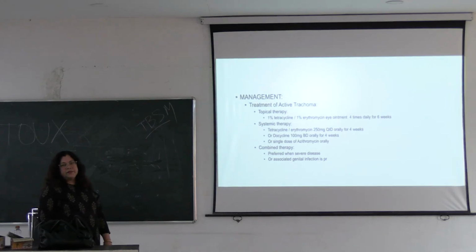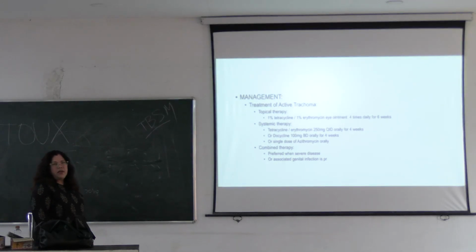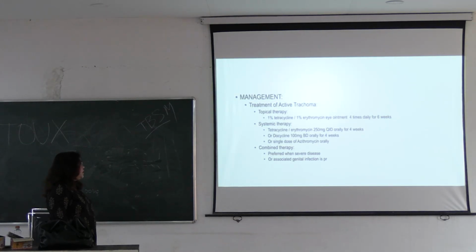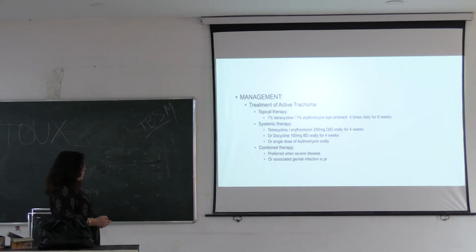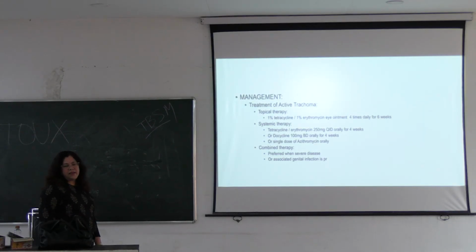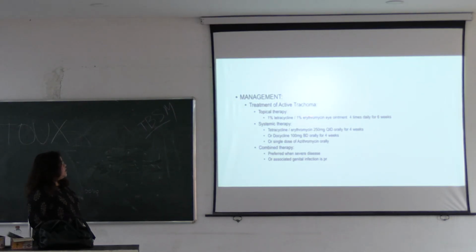Now the management part of trachoma. It is treated according to its stage. In the active form of trachoma, we give topical therapy and systemic therapy. In topical therapy, 1% tetracycline and 1% erythromycin ointments are given 4 times a day for 6 weeks.